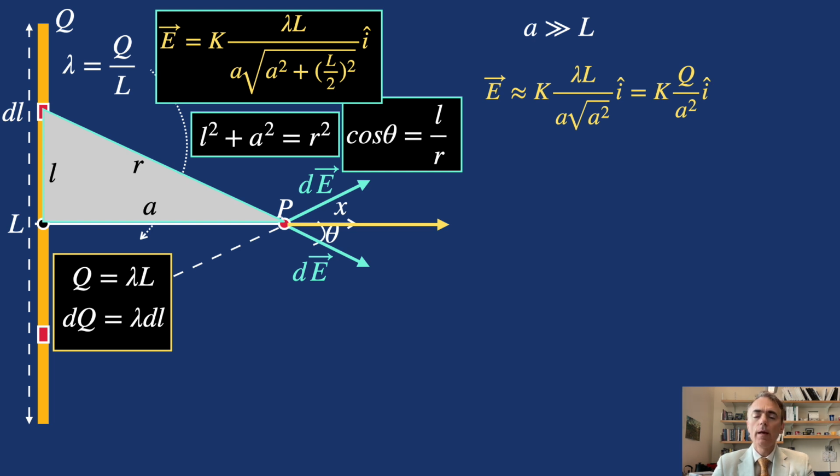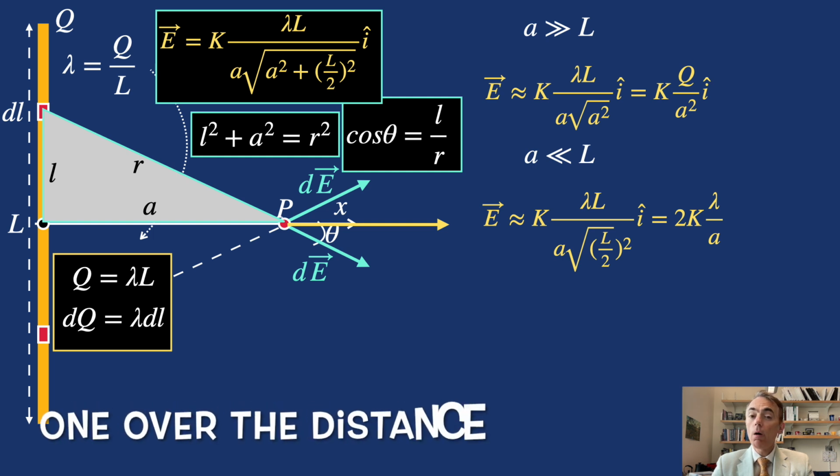In this case, a is much larger than L, and the other limit of very near the rod, the result has a dependence on the field with 1 over r instead of 1 over r squared.